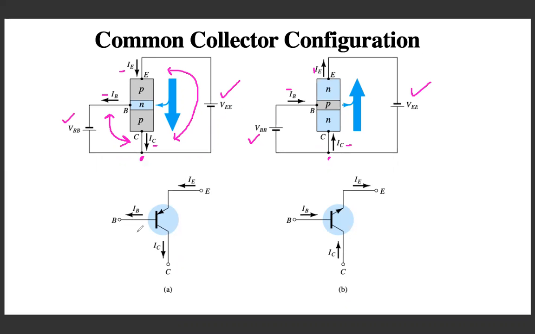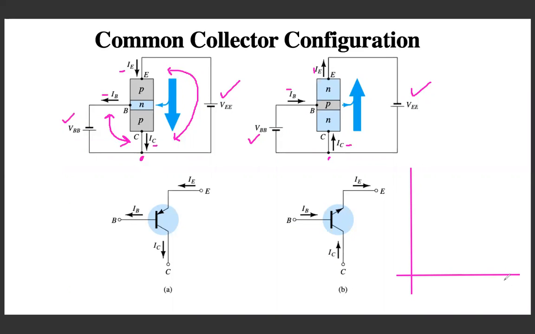Now, if you remember, if we try to draw the characteristic graph, let's first consider the output characteristic graph. So if you look at this diagram, we know that the output characteristics will have a relationship between these voltages and this current IE, keeping constant IB.